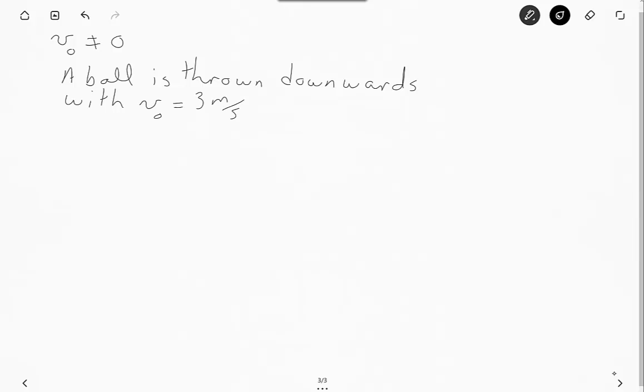Let's say that a ball is thrown downwards with an initial velocity of 3 meters per second. How long is it going to take this ball to fall 30 meters?